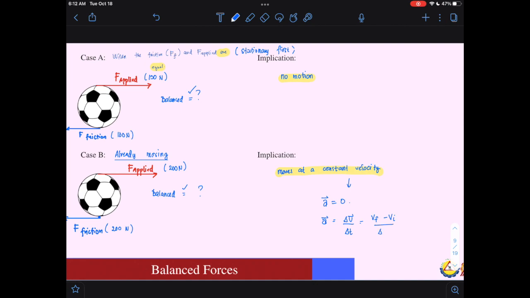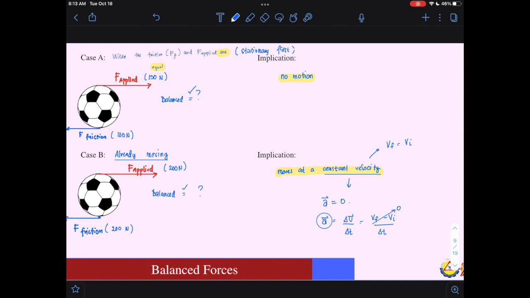And if there is a constant velocity, this implies that Vf is equal to Vi. Since the velocity doesn't change, it's constant. So these two terms here will just be zero. So if you have constant velocity, your acceleration will in turn be zero. Meaning to say, in Bisaya, if the acceleration is zero, it is not speeding up, it is not slowing down.